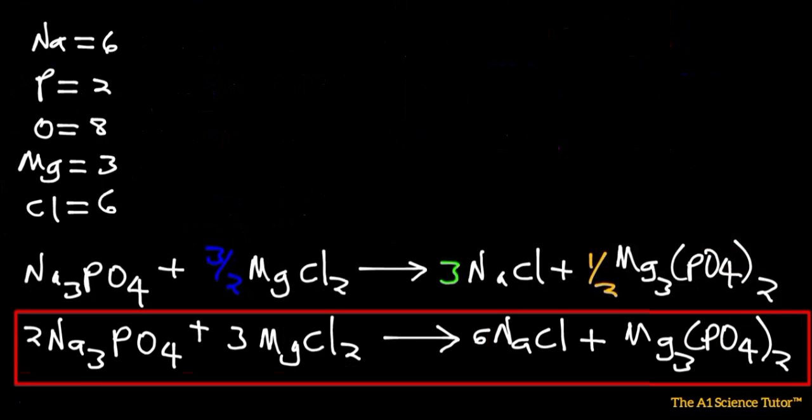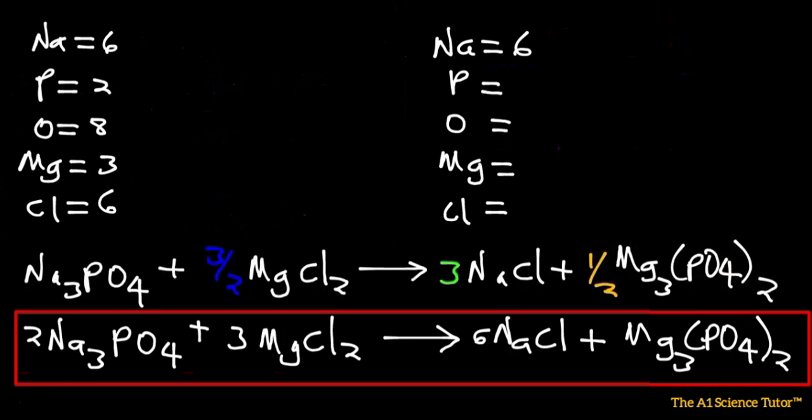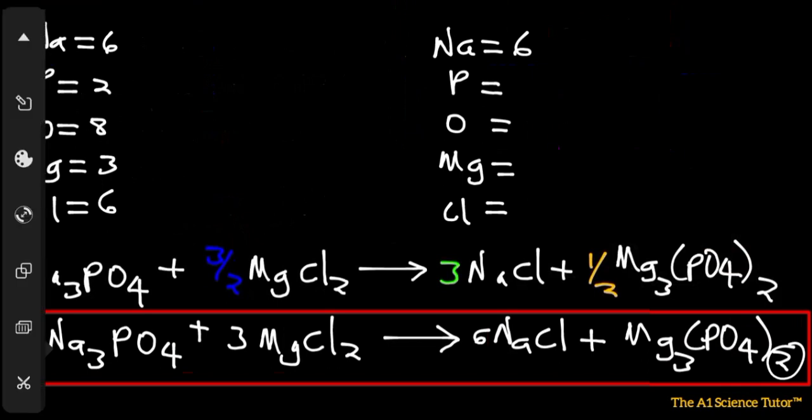Then on this side again, let's see what is going to be formed. So we have 6 sodium. So of course, sodium is balanced now. Then we have chlorine. Chlorine is 6, right? I think I should just make it a bit more homogeneous. So this is P, this is O, this is Mg, and this is Cl, right? For phosphorus, we have 2 multiplied by 1.